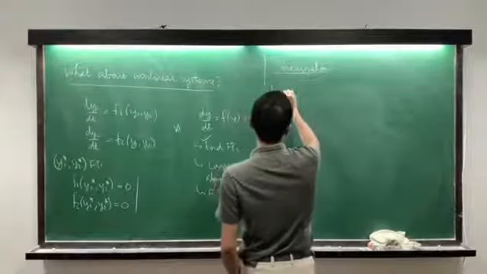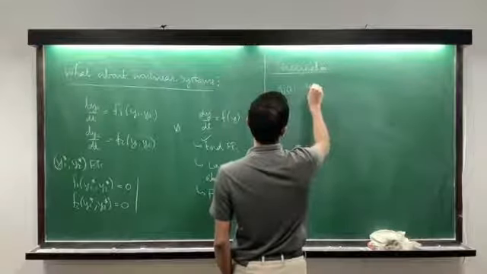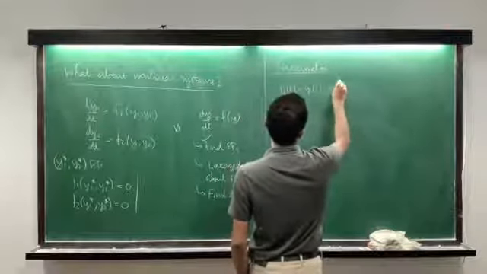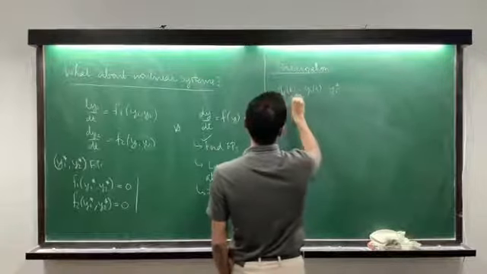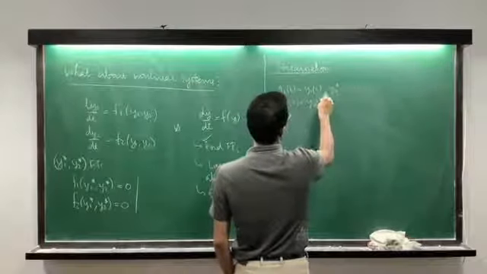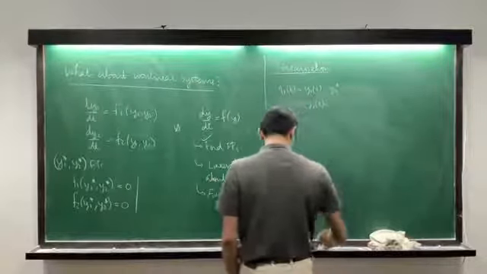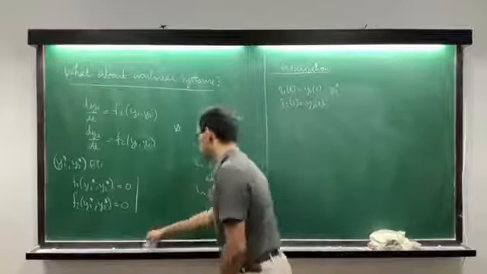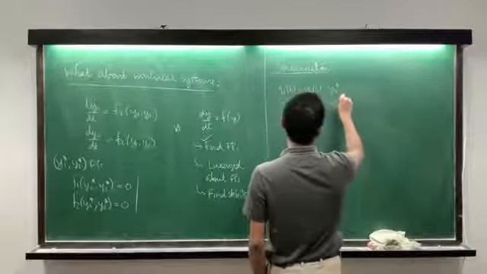So you assume that eta 1 of t is y1 of t minus y1 star, and eta 2 of t is y2 of t minus y2 star.